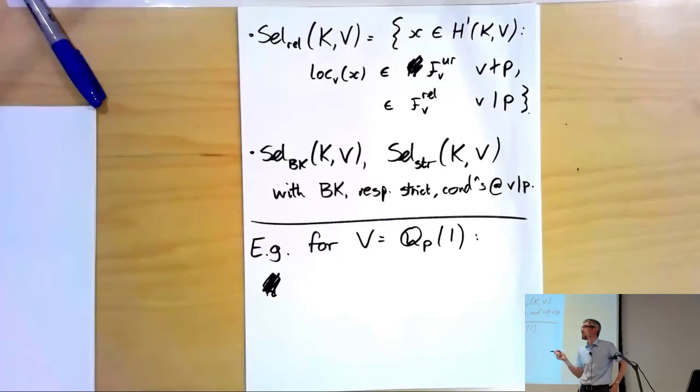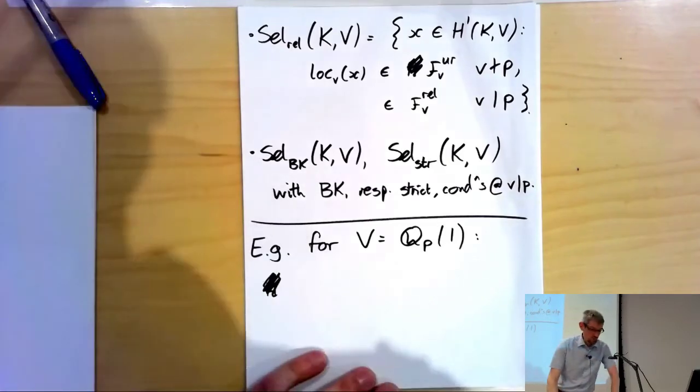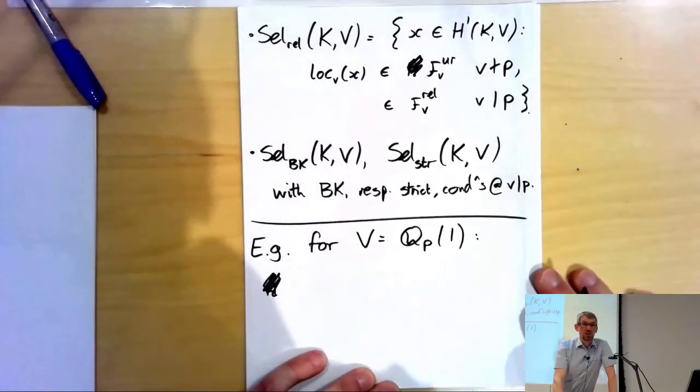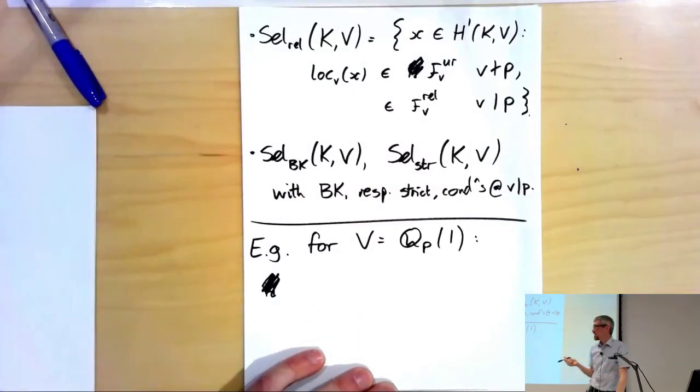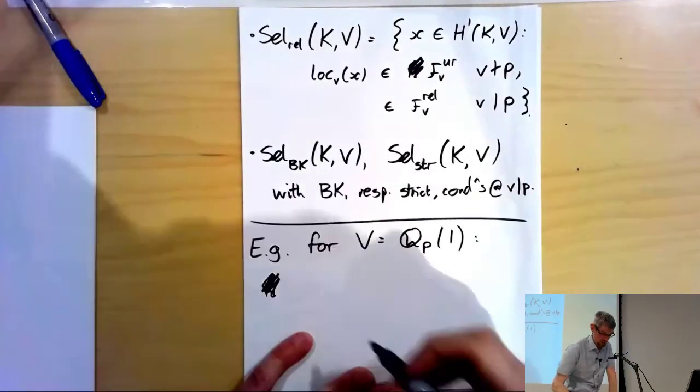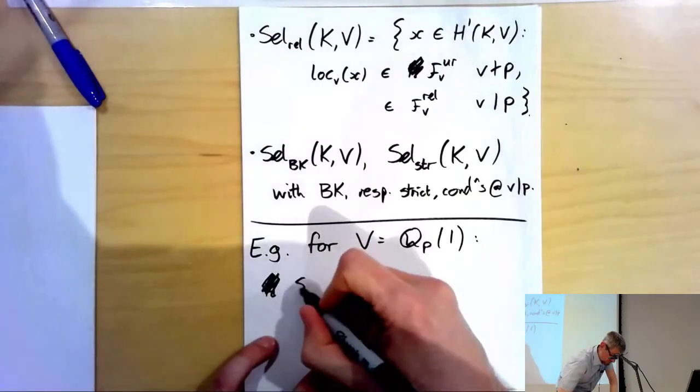So we had this map sending units into the global cohomology. So we can characterize the Selmer groups according to which units land, which elements of K^* land in those Selmer group subspaces.